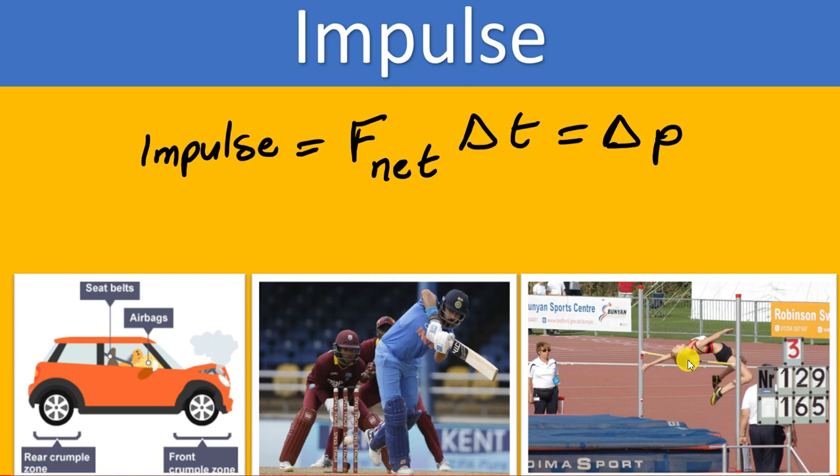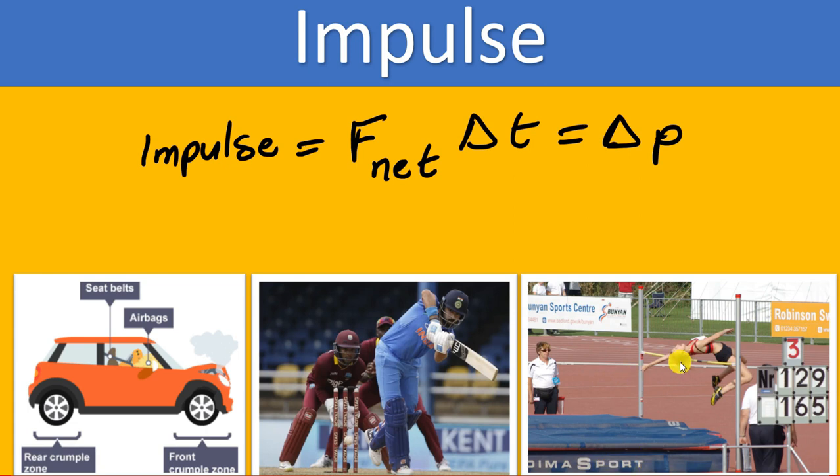Chances of her being injured are very high, right? But right now, she doesn't land on the ground. She lands on this mattress. This mattress has to sort of deflate a bit when you land on it, right?